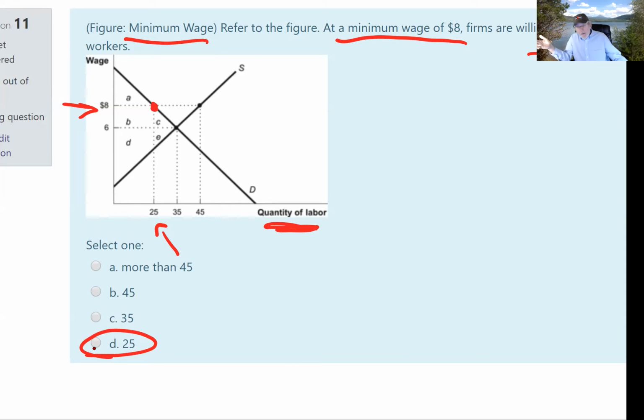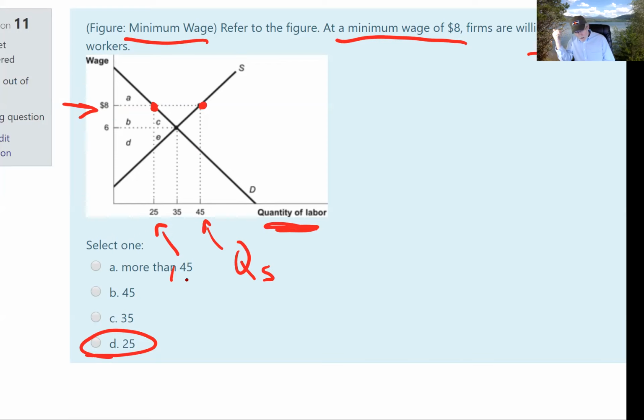Now, while we're looking at this, there are other, very similar questions that could be asked. You could say, well, how many people will be willing to work at a minimum wage of $8? And you would just go over to the supply curve, you read over to here, you read down, quantity supplied would be 45. That's the number of workers who want a job. They're looking for a job at a minimum wage of $8.